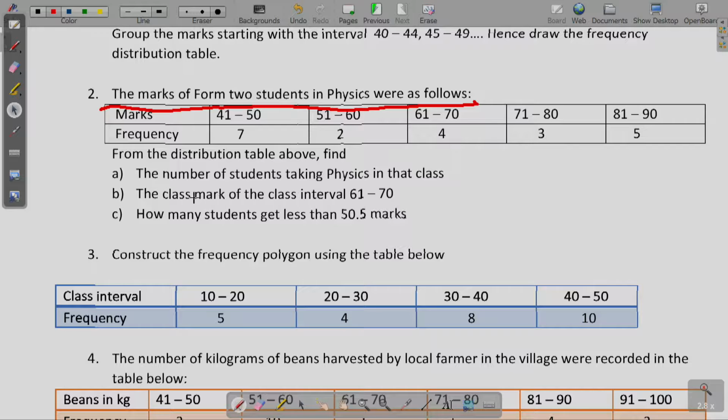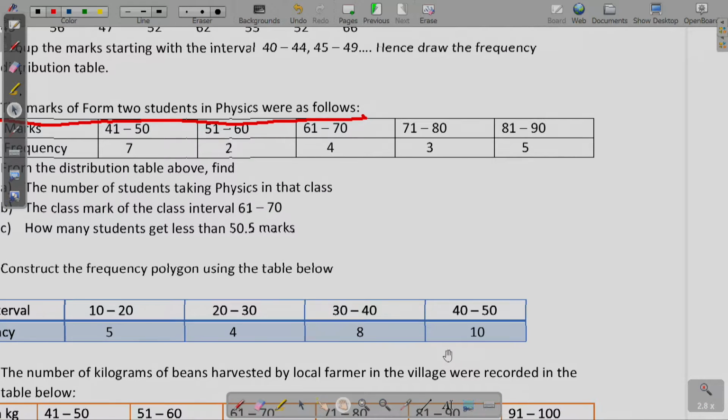Question A: we have to find the number of students taking physics in that class. The number of students is equal to the summation of the frequency from our table here.